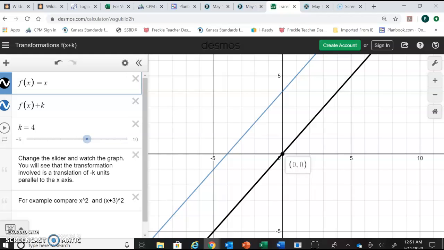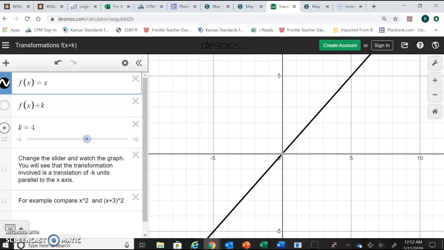Y equals x is a function. If you do the vertical line test, it only hits 1 point. I'll go ahead and take off the blue graph just so we can simplify things here. This is f of x equals x in black. This is a function, so instead of saying y equals x, they're going to say f of x equals x. So don't get thrown off by that.